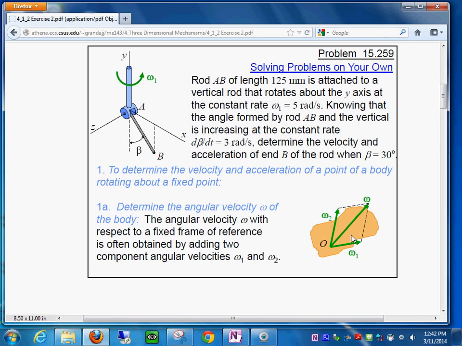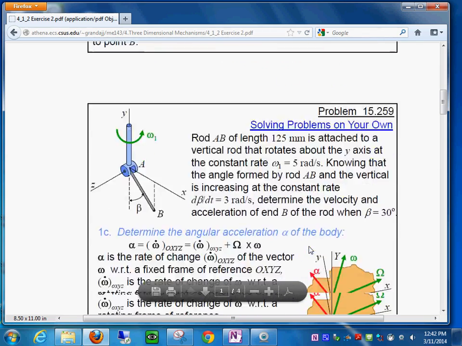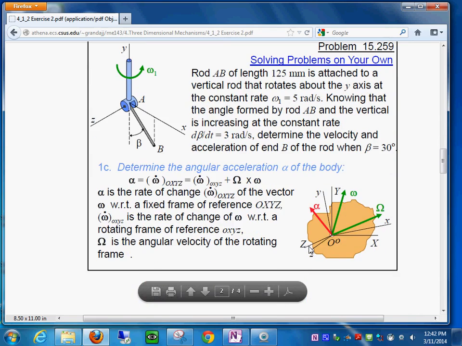So to find the angular velocity of the body, find the angular velocity with respect to a fixed frame of reference. And this you could say omega 1 and omega 2. The other principle is the angular acceleration of the body.